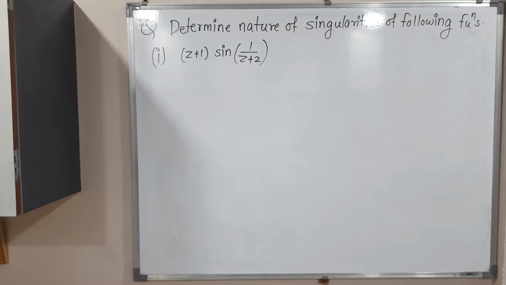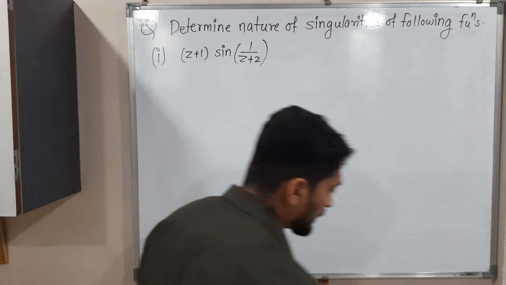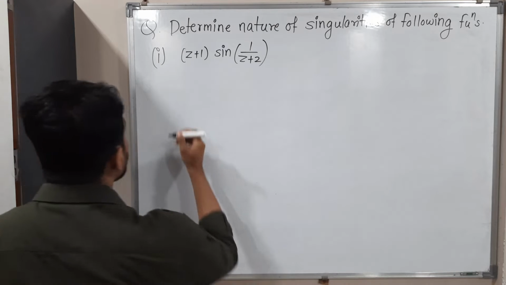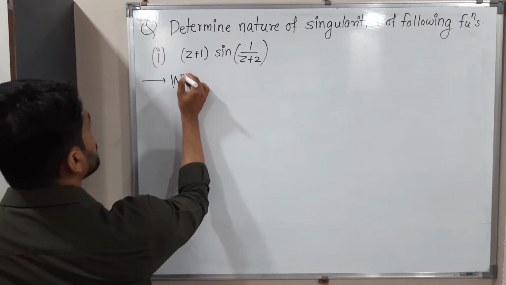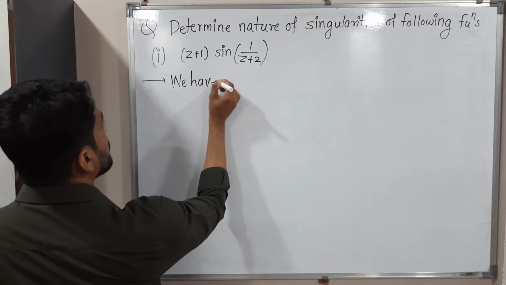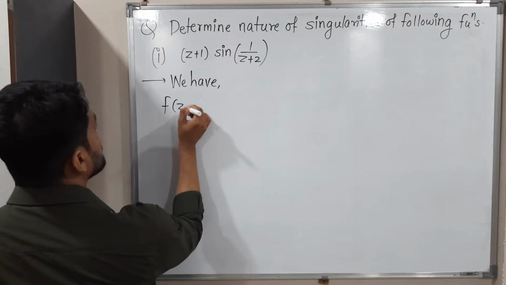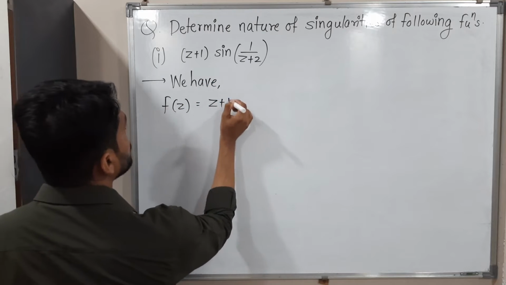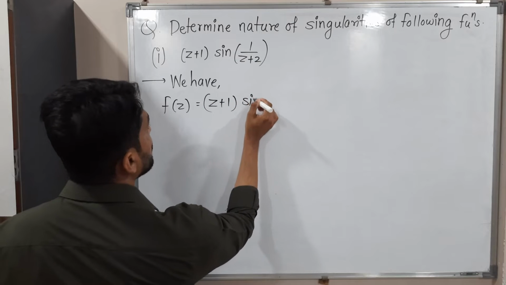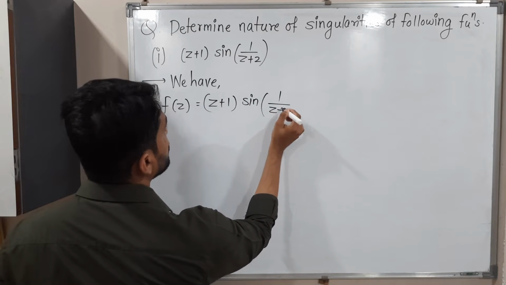So let us start to discuss this example. What is the function we have? Let me call it f of z. This is our function: f of z is (z plus 1) sine of 1 upon (z plus 2).